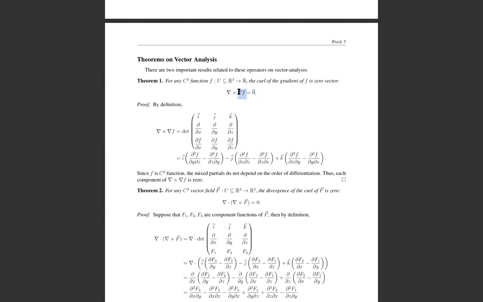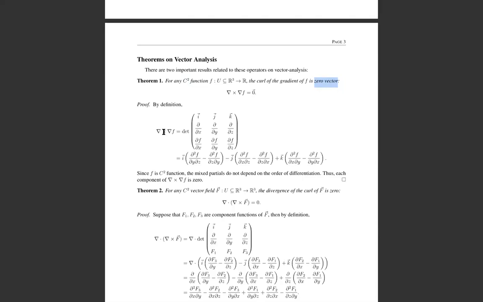That means the curl of a gradient of any real valued function, as long as it has second order partials, would always be zero. It will always be irrotational. Why is that? You just apply the definition of curl.